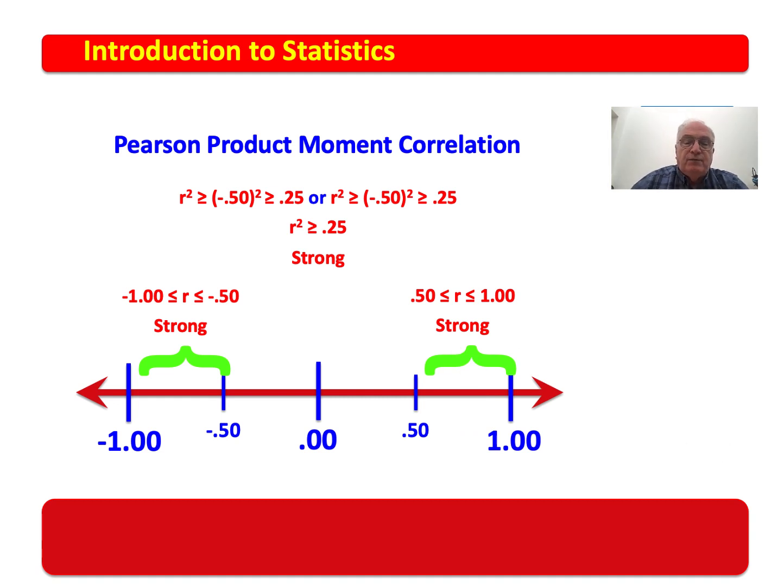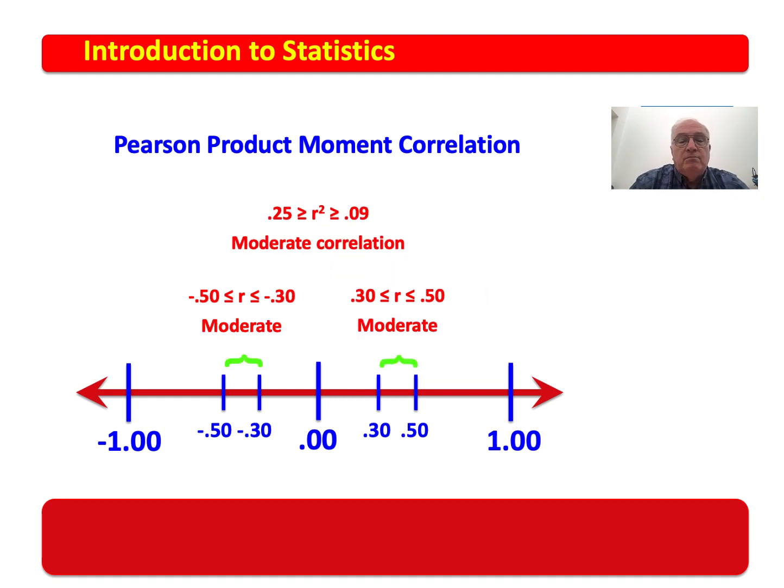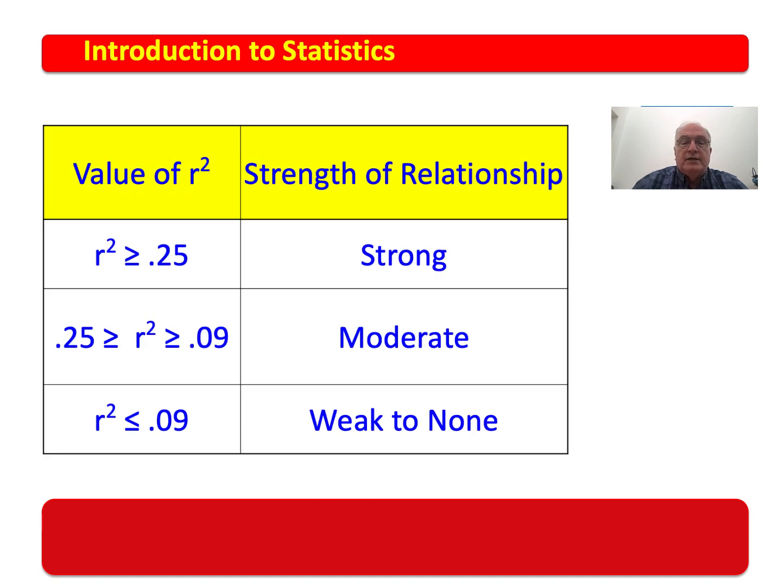So if it falls in the value between -1 and -0.50 and 0.50 and 1, then it is a strong correlation. A correlation can also be moderate. Moderate falls between -0.50 and -0.30 and 0.30 and 0.50. If it falls in this value range, we would call it a moderate correlation. And if it falls between -0.30 and 0.30, then we say it is weak to no correlation.